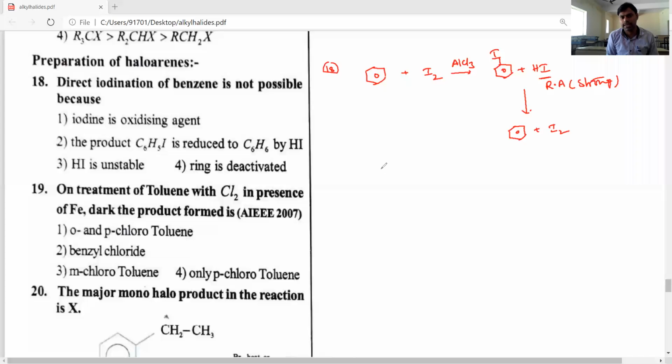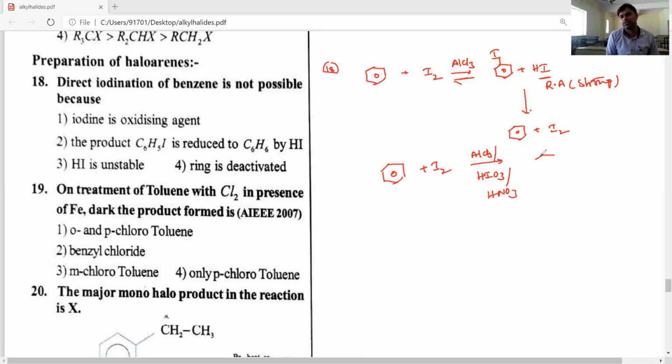So this is a forward reaction, and the backward reaction means it is reversible. To prevent this reverse reaction, this iodination reaction is carried out in the presence of oxidizing agents like HIO3 (periodic acid) or HNO3.